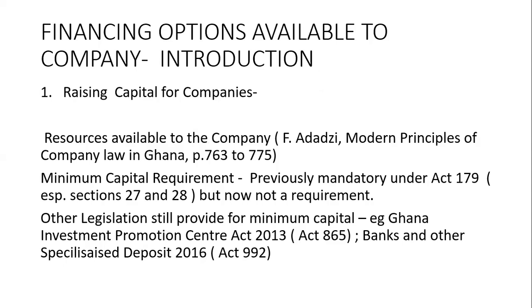Last semester, we saw how compliance with the registration requirements under Act 992 would enable an incorporated entity called the company to come into existence, signified by the issuance of a certificate of incorporation, and we realized that the legal consequences of the company having come into existence include the fact that it has perpetual succession, it has a separate legal personality, it has capacity like a natural person.